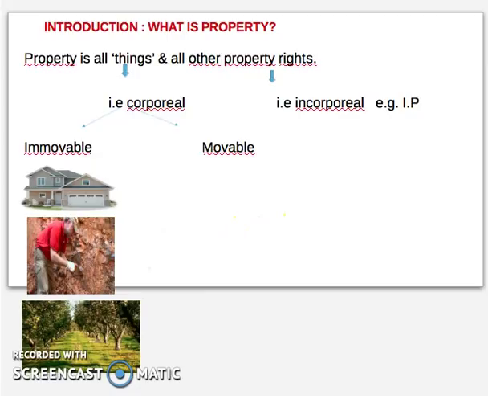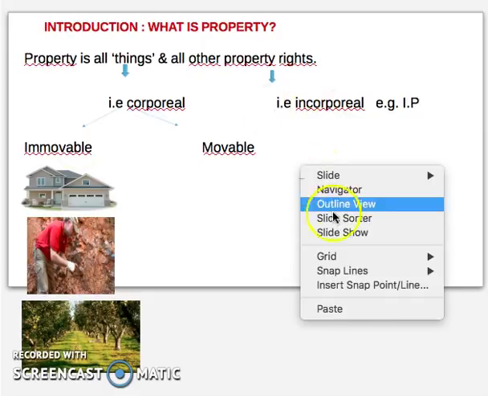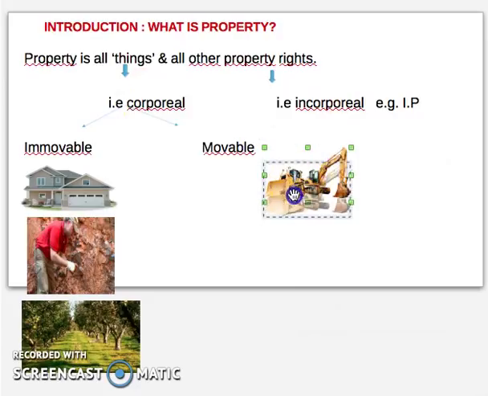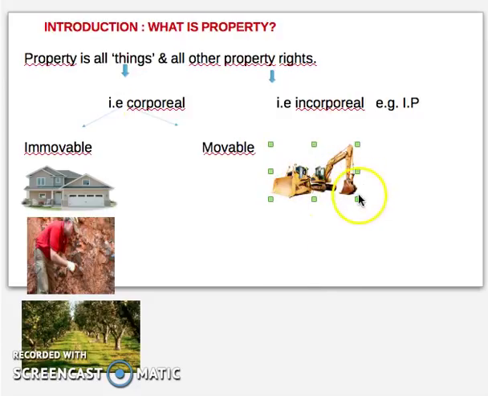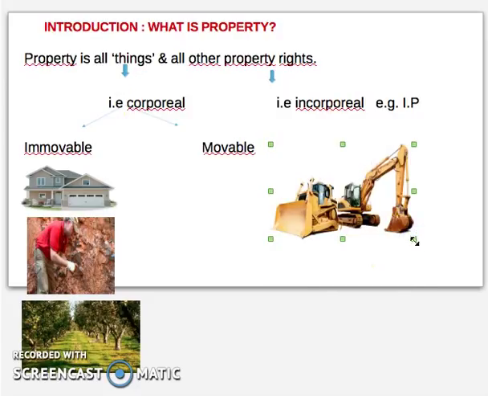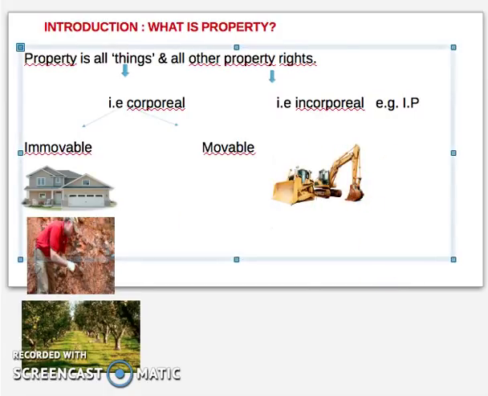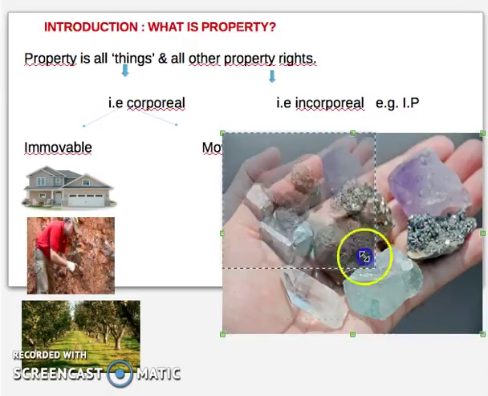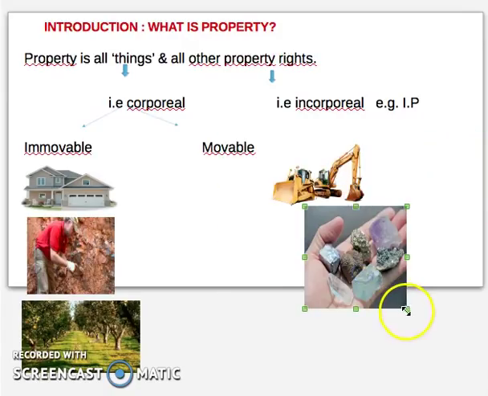And movable property, as the name suggests, are things that you can indeed move. So things that are not tied to the ground. For example, machinery. So if you have a company that works with machinery, like this digging machine, this is considered to be movable property. Also, once you dig those minerals out from the ground, then the minerals become movable property.